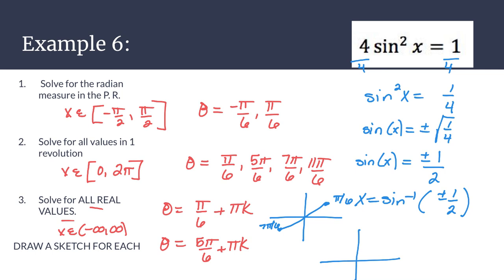Looking at your second two answers, we had one in quadrant 2, which was 5 pi over 6. And then we had our last point in quadrant 4 at 11 pi over 6. Again, they're on the same spike. They're exactly pi units apart. So we can list one with the k at the end to get to the other one. So we don't have 4 separate solutions. We have 2 solutions.